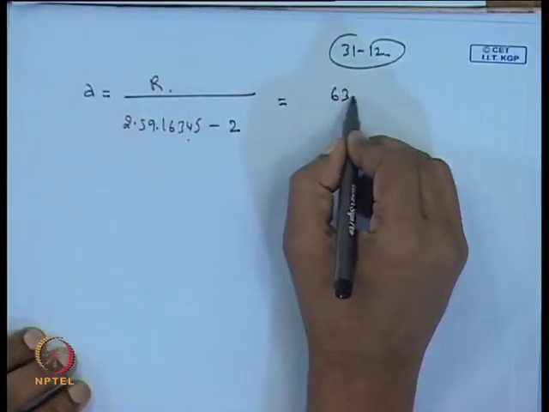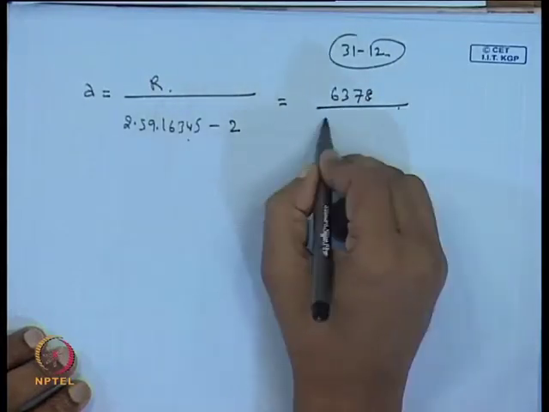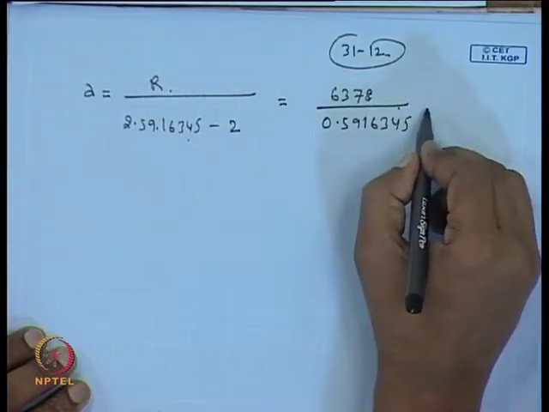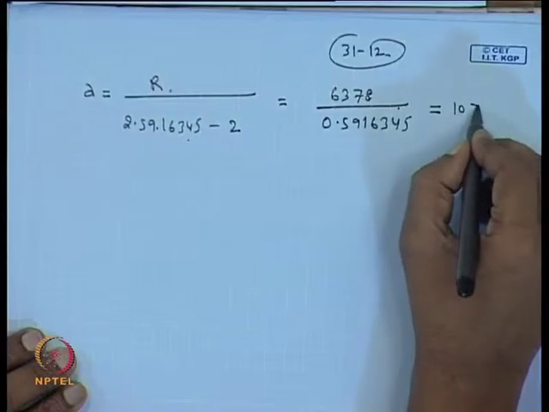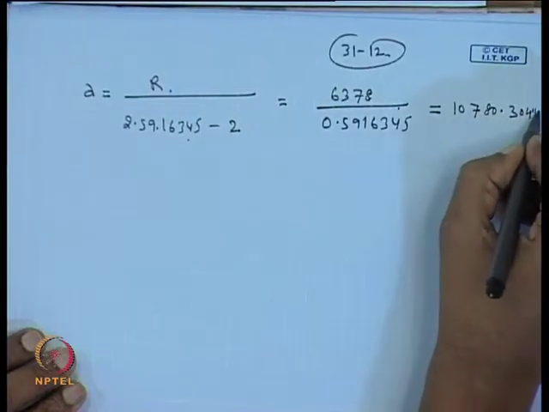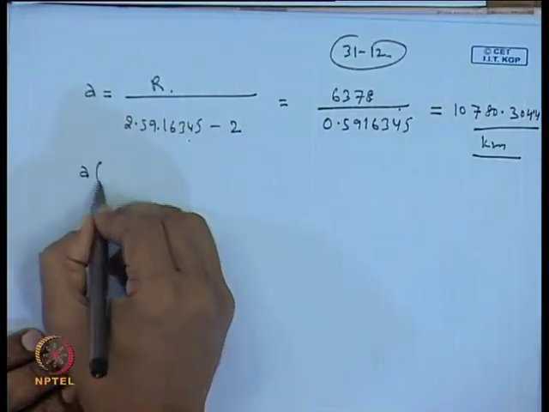Now, this value is given to us, 6378 divided by 0.591635, and this will turn out to be 10780.30449 kilometers.